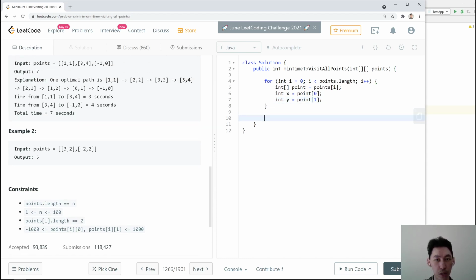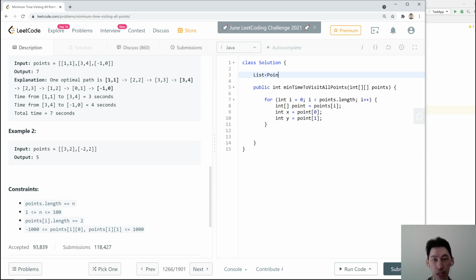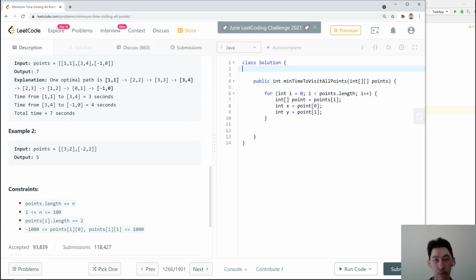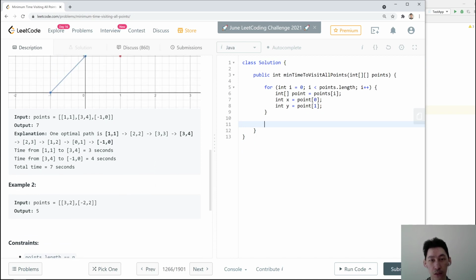That's one of the reasons why I try to avoid using any kind of constructs using primitives, because it's hard to read. If this was something like that, that would be much easier to read. But anyway, we're not talking about API, talking about algorithms. And in some algorithms, you do need certain constructs.